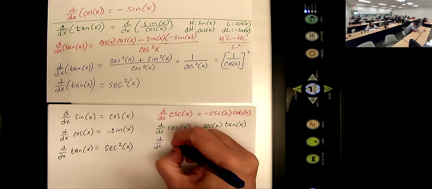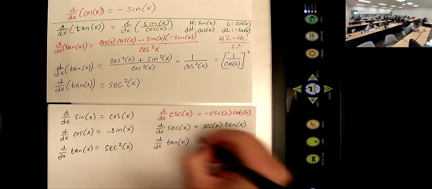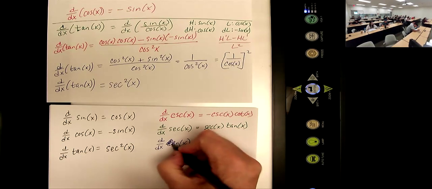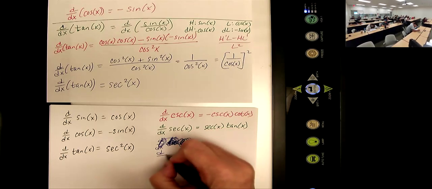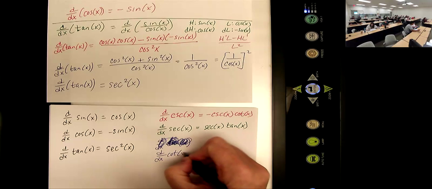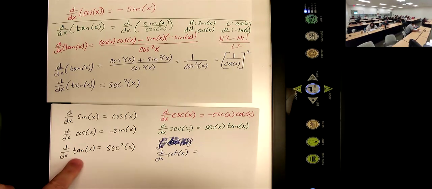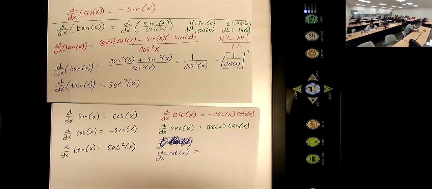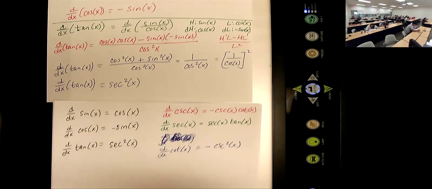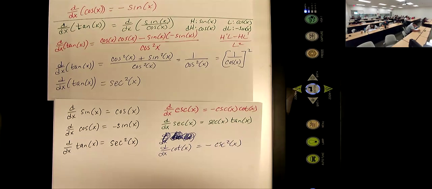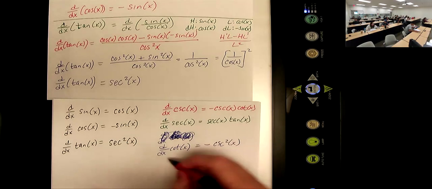Finally, the derivative of cotangent x. Just like tangent x led to secant squared, this one leads to cosecant squared. But it's negative. If you want to challenge yourself, derive these at home.